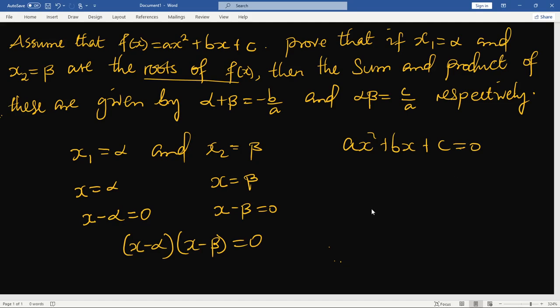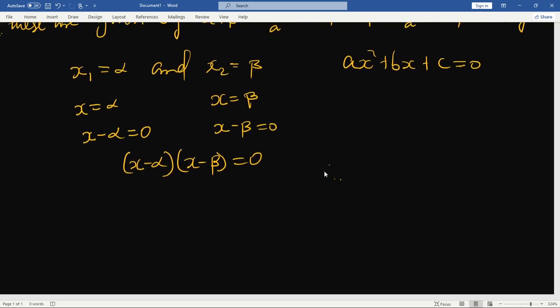Now, remember, we have the expression f(x) = ax² + bx + c.